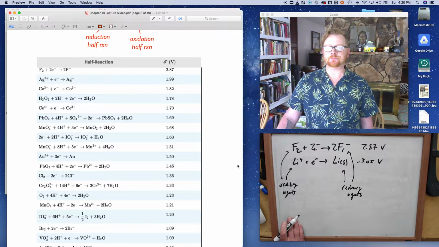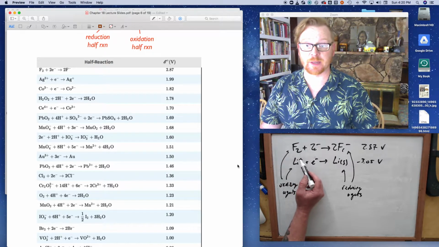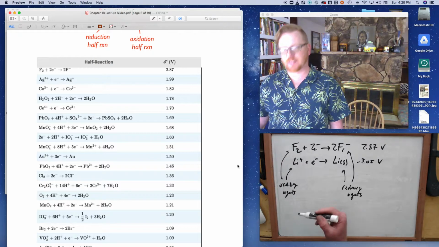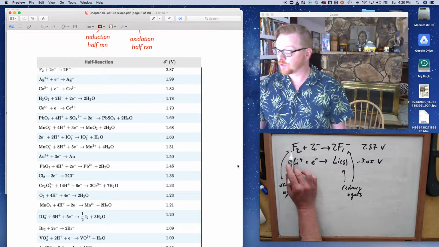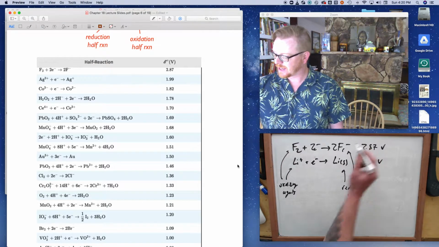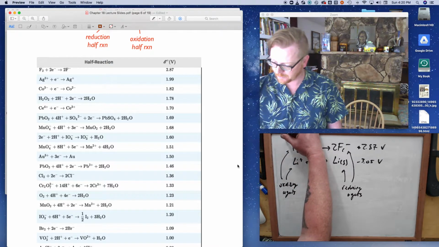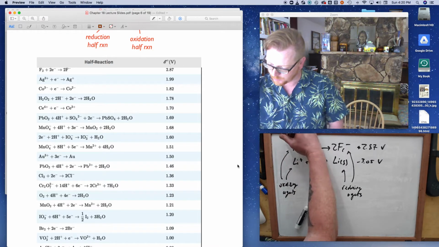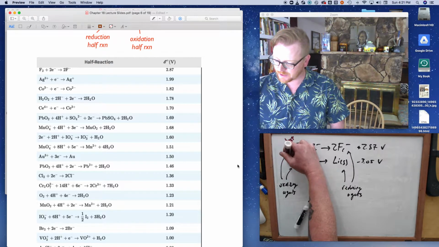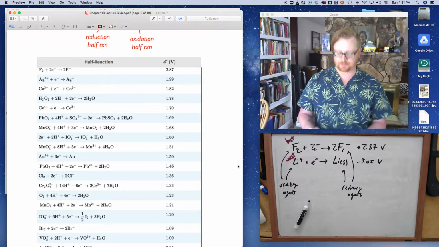So in a reduction reaction, the species that are being reduced are oxidizing agents. And what this specifically means is fluorine at the top of the list, the largest positive voltage, is the best oxidizing agent. I'll write that in purple. Best oxidizing agent, and that means lithium plus is the worst oxidizing agent.